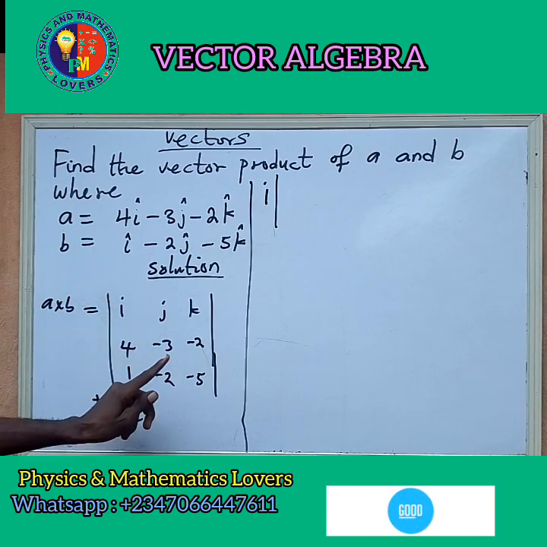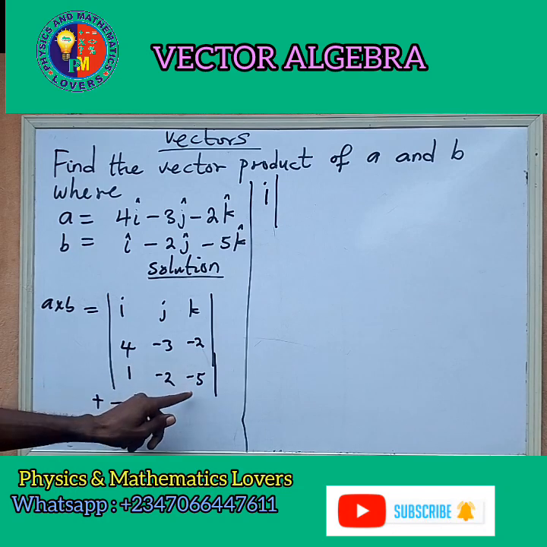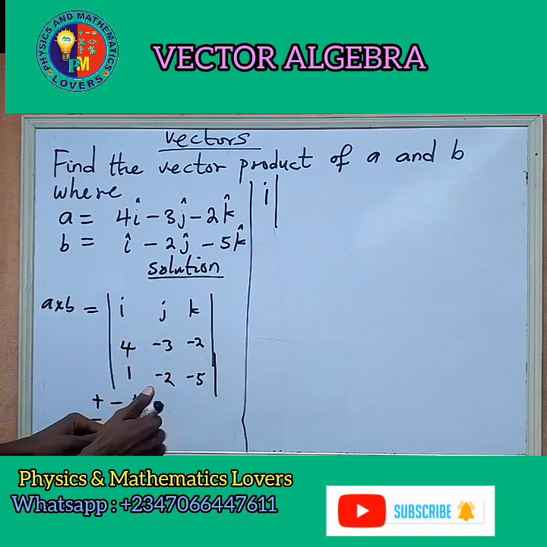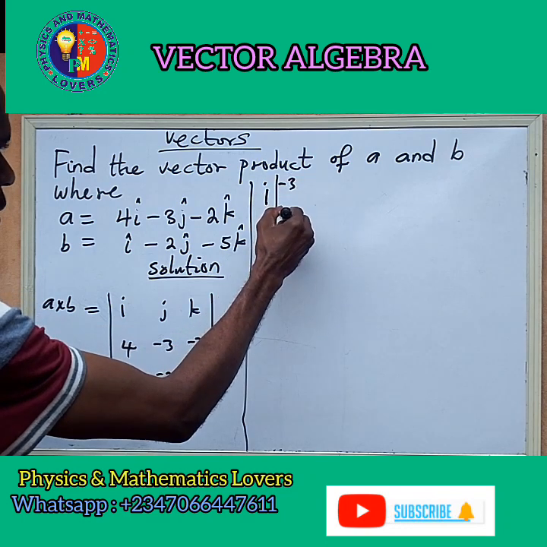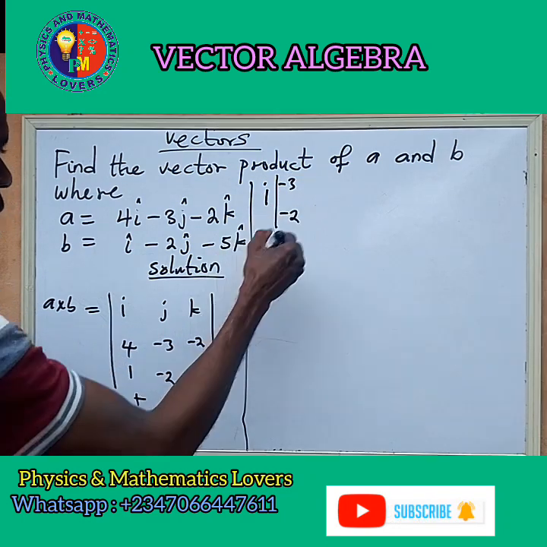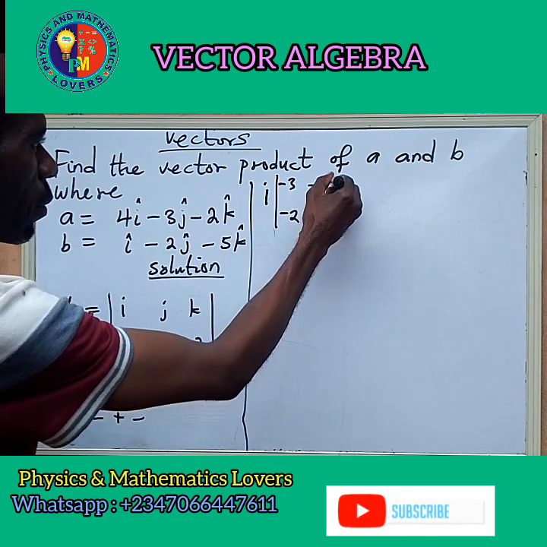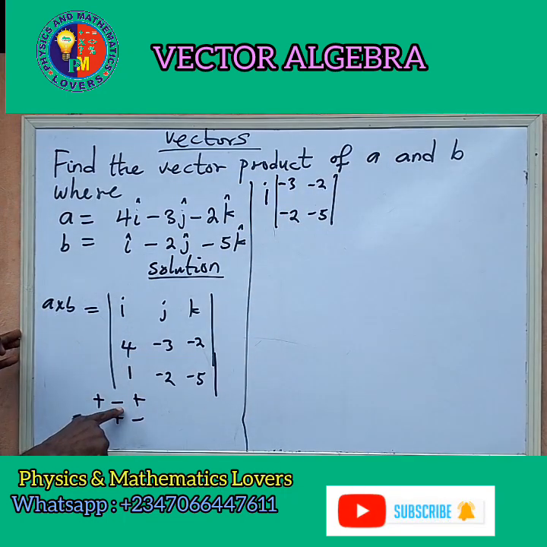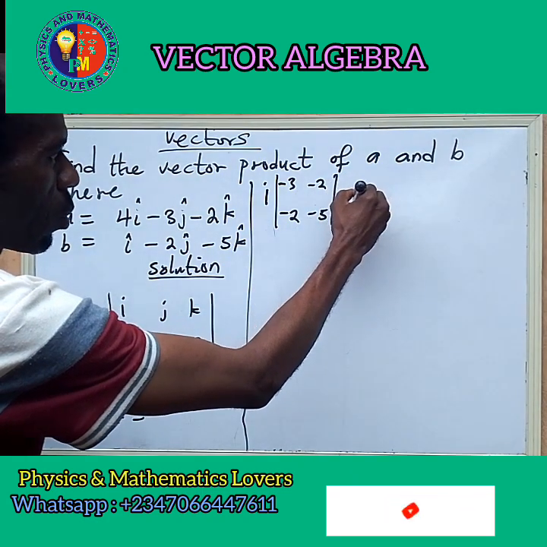So what we are going to take is negative 3, negative 2, negative 2, and negative 5. Good. Now remember the next sign has to be negative, so j has to be negative.